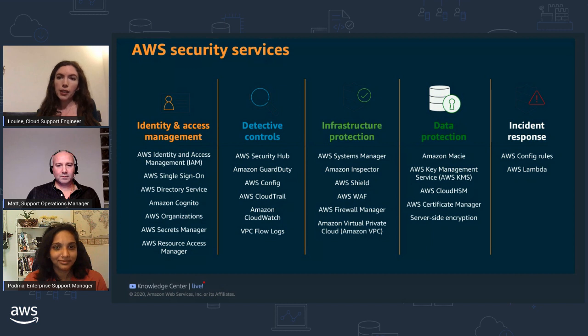So you can log traffic of which IP addresses are going in and out of your network firewall, and you can block or allow traffic depending on what your use case is. Got it. Thank you. One thing I'd just like to add to that, Padma, is don't just be reliant on one layer. As Louise mentioned earlier about defense in depth, don't just rely on one layer. There are a lot of layers where you can add protection.